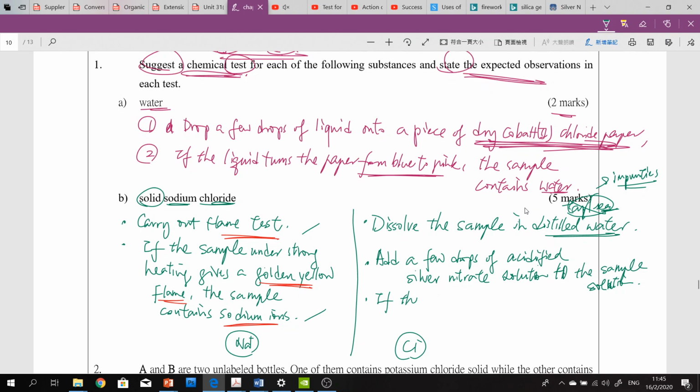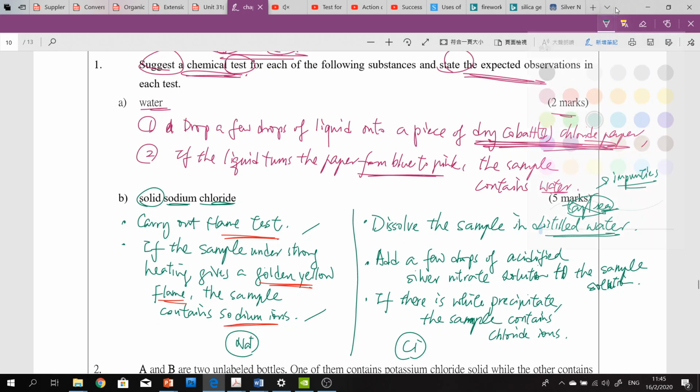So if there is a white precipitate, you need to memorize the term white precipitate, the sample contains chloride ions.